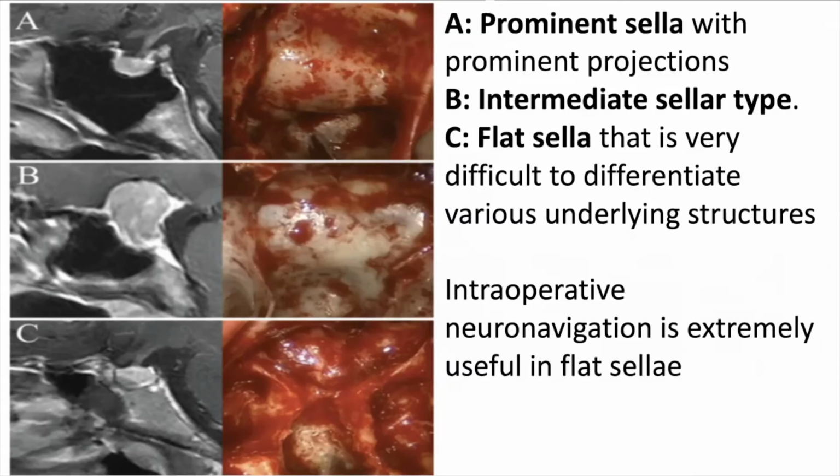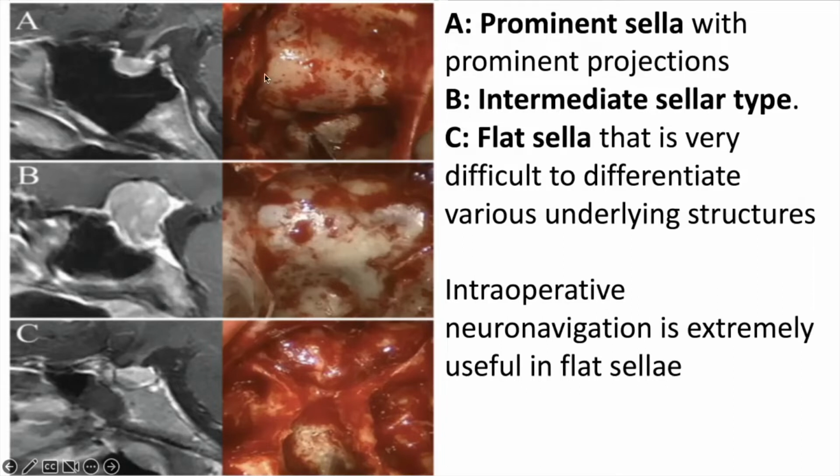There may be a prominent sella, or there may be a flat sella. In a prominent sella, all the projections are nicely seen, so you can identify the anatomy very well, and the various projections such as carotid prominence, optic prominence, clival recess, etc., can be nicely seen.